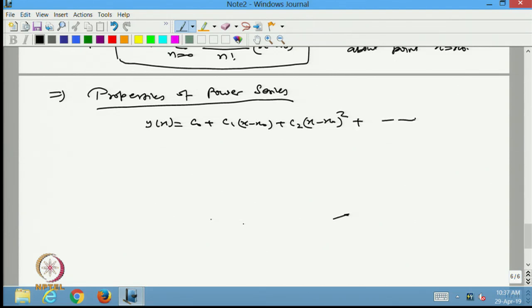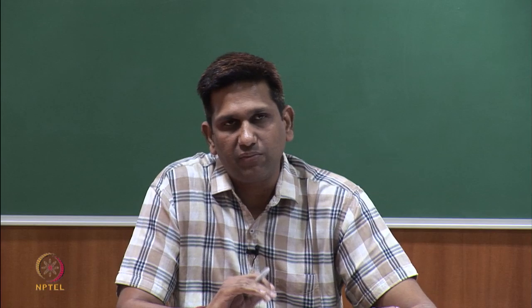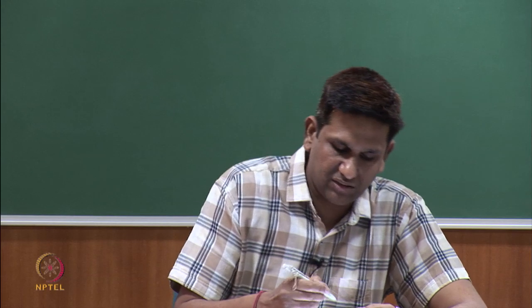So, the first thing is that I want to find out how I can check whether this is convergent or not. In that case I will apply the Cauchy ratio test to find out, if the series is convergent, what will be the radius of convergence of that series.